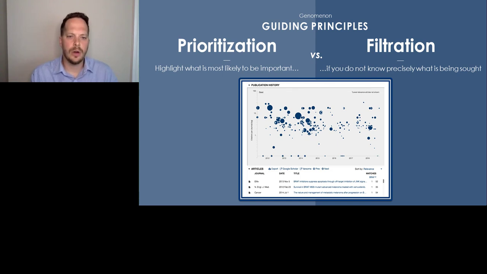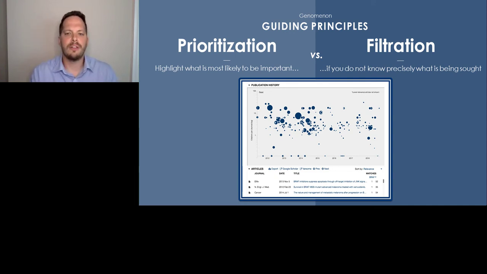Another facet of GLP is the trade-off between filtration, or throwing away things that you're presuming in your algorithms aren't important, versus prioritization. And so particularly when we're talking about scientific evidence and text and data mining, there's different value that one user might approach the question with than any other given user.